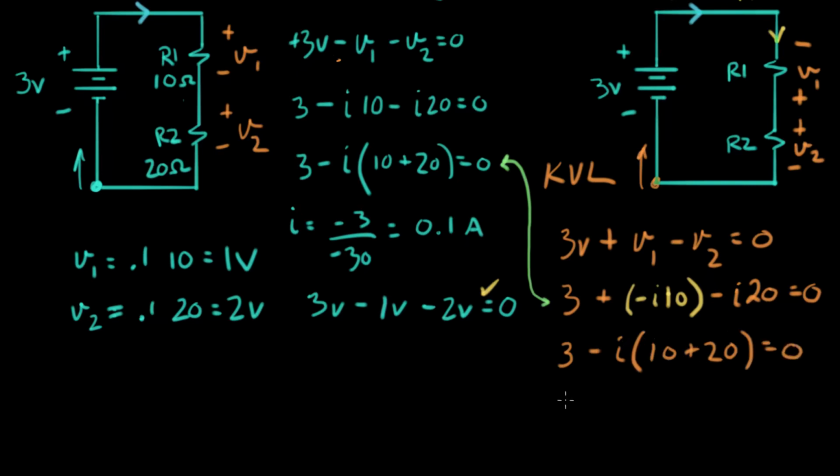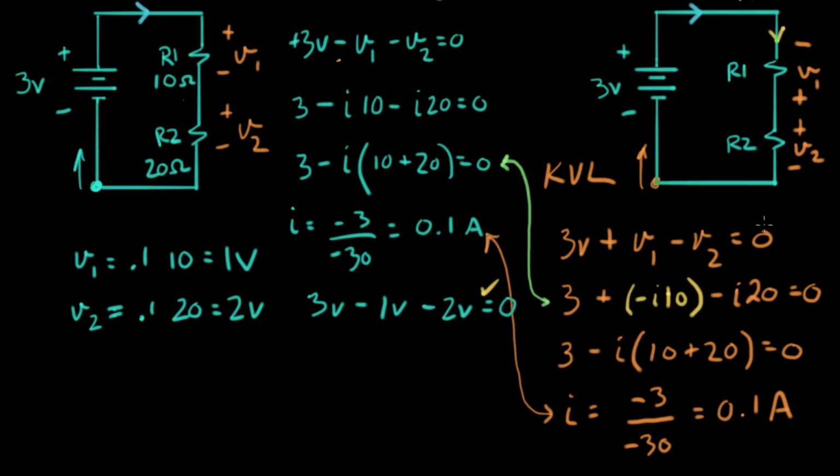And now we have the same equation as before, so we're going to get the same I. I equals 3 goes to the other side, becomes minus 3. 10 plus 20 is 30 with the minus sign. It goes over. Same as before. So those came out the same.